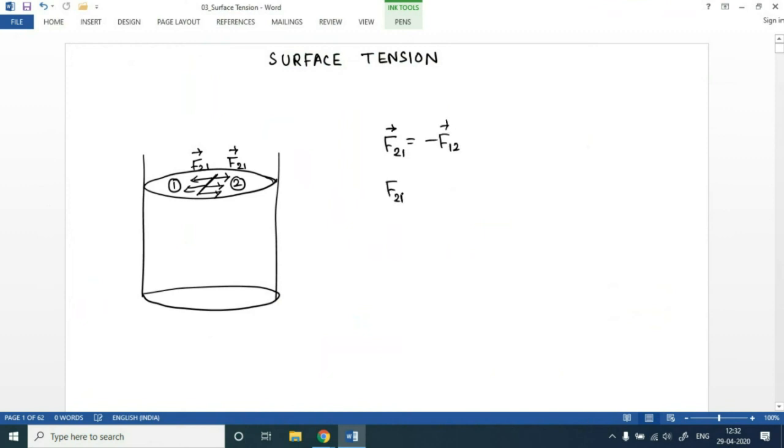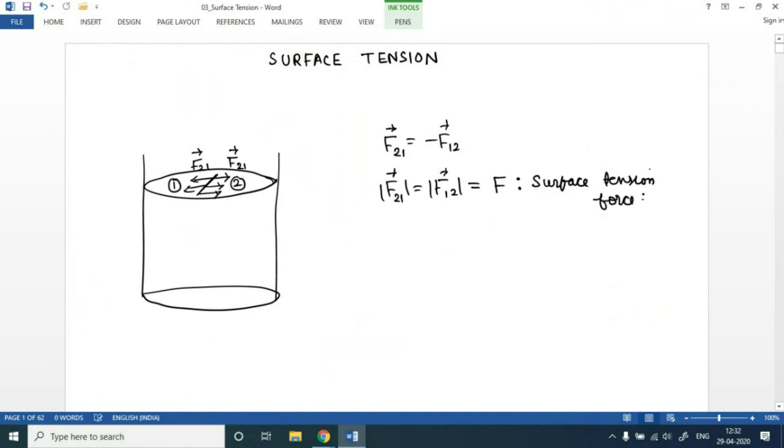We must realize that the magnitudes of these two forces are equal, and let's say this is F. This force is basically known as the surface tension force.